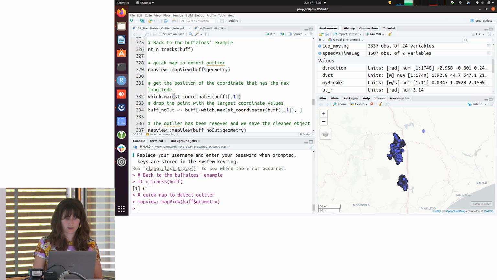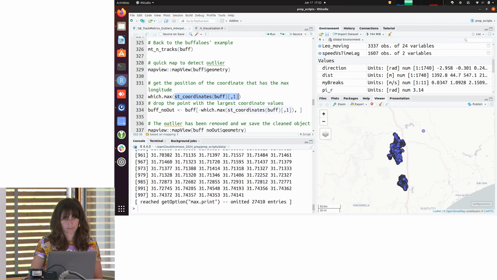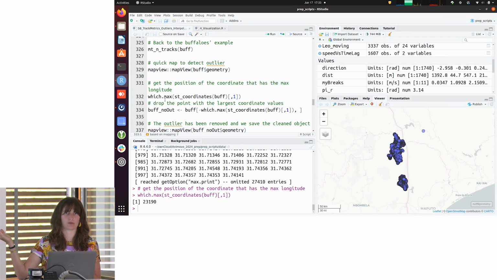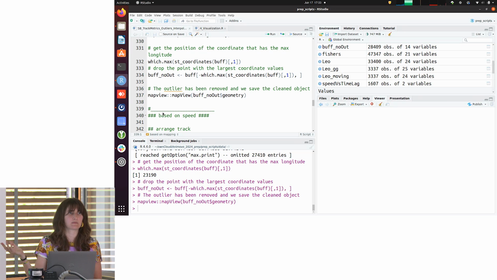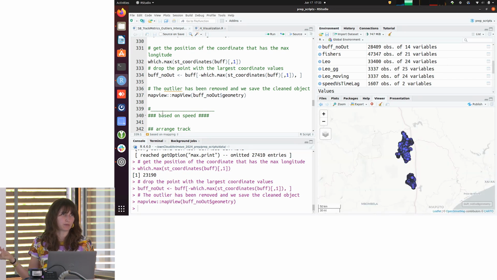You can use the SD coordinates, and you have all the longitude values, and we use which.max to get the value with the maximum longitude, and we can just drop it. So we drop it, and then if we plot the data again, it's gone. This was the easiest case because it's very isolated compared to the rest of the data points.